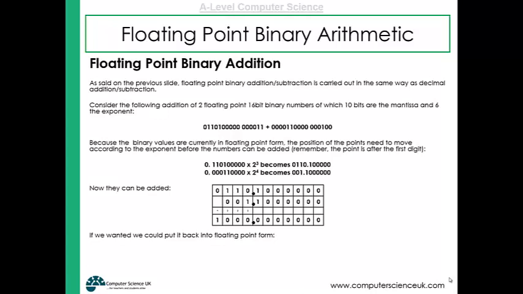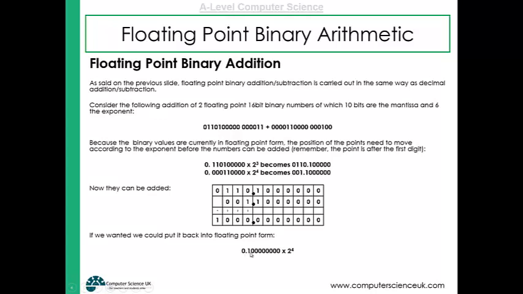1000.000 and so on. Now we need to make sure that we put it back into floating point form, but we need to make sure it's normalized. Now to put it into a normalized form, we need to make sure that the decimal point is just before the most significant bit. So here we move the decimal point 1, 2, 3, 4 places to the left, so it's just before the most significant bit.